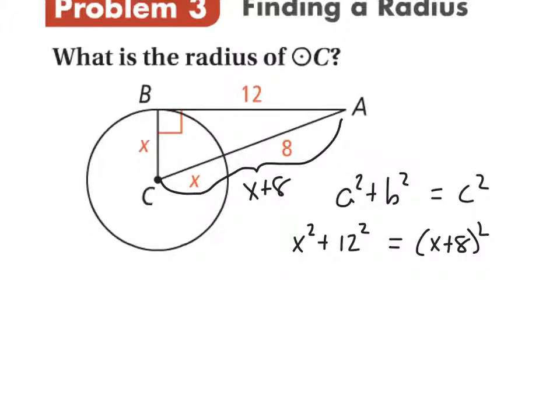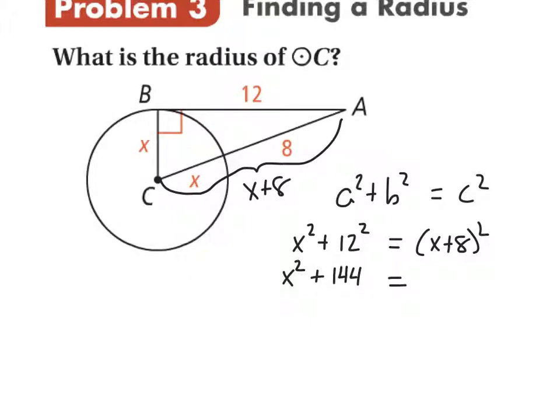Okay. So let's go ahead and keep solving here. X squared plus 144 equals, well now I've got to take x plus 8 squared. Now notice it's in parentheses. It's that whole thing squared. It's not just x squared plus 8 squared. Okay? You have to use a 4-letter F word from math.